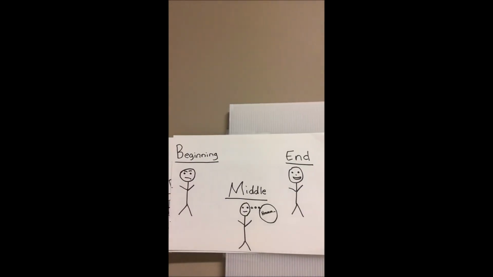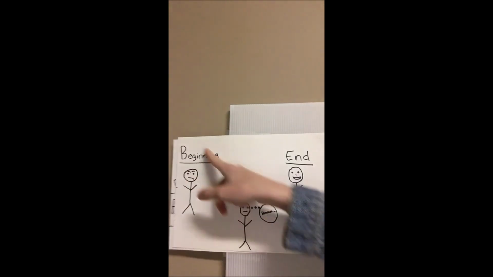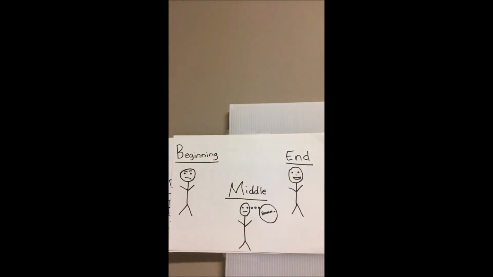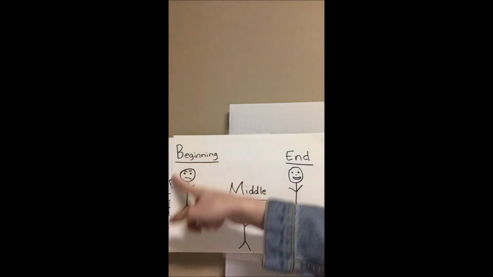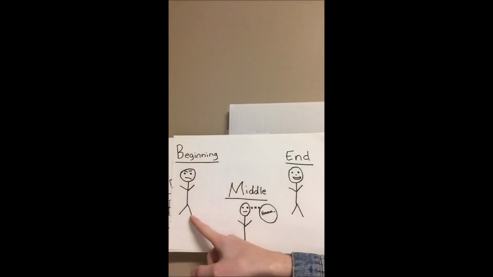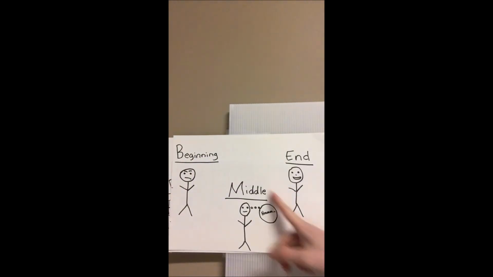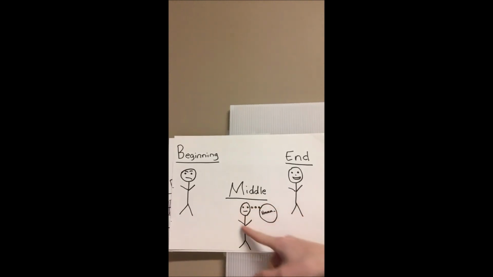Now keep that problem in your mind as we look over here at our chart. Remember, the beginning of the story is when characters find their problem. So when Pete finds his problem, that'll be the beginning of the story. The middle of the story is when characters think about what?